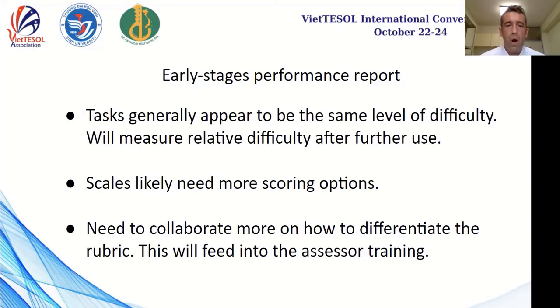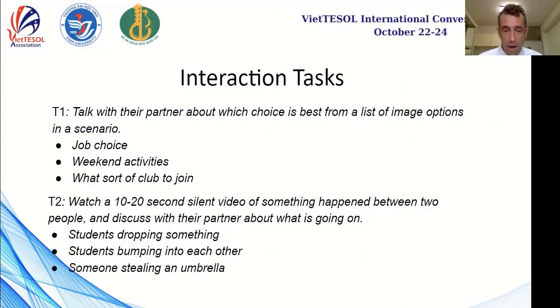And we probably just in general need to collaborate more on how to differentiate the rubric. The rubric is still somewhat difficult to use. And this will feed into the assessor training that we are setting up for later this year and early next year. Okay, and I'm going to pass it over to Jacob now.